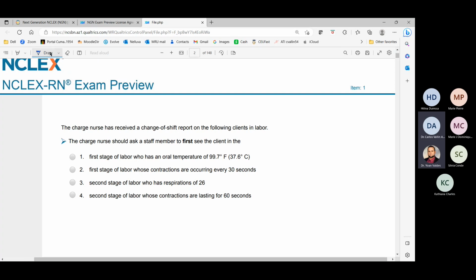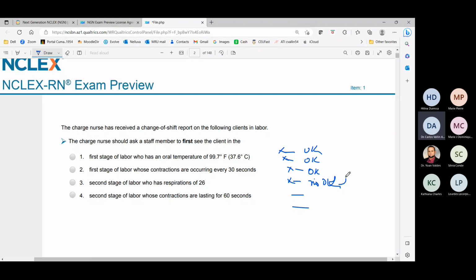If you have options A, B, C, D, E, F, and this is okay, you have 1 point. This is okay, another point. Another point. But if you mark this, this, this, and this, but this one is not okay, it is wrong, this is going to cancel this.